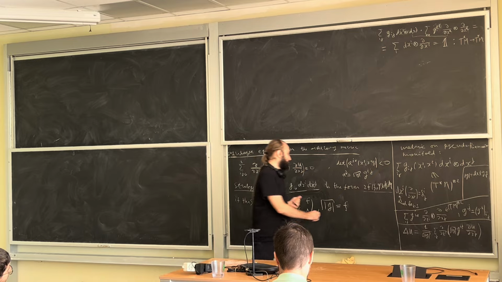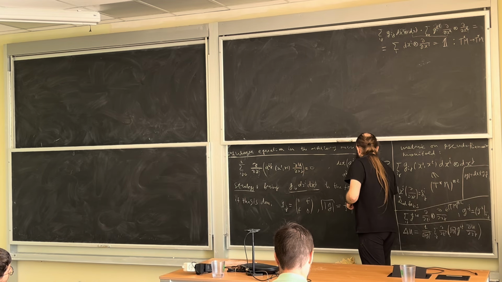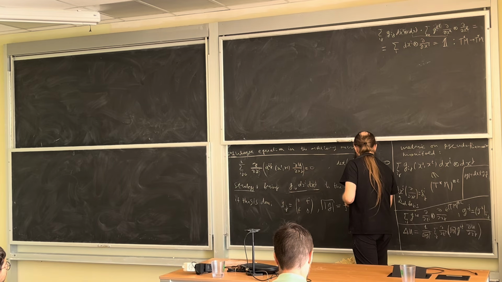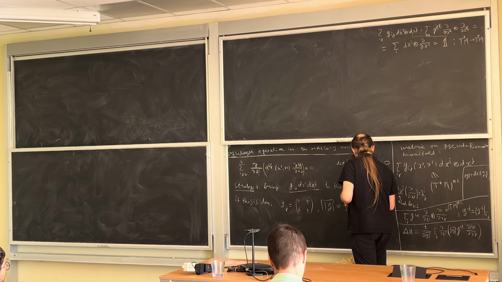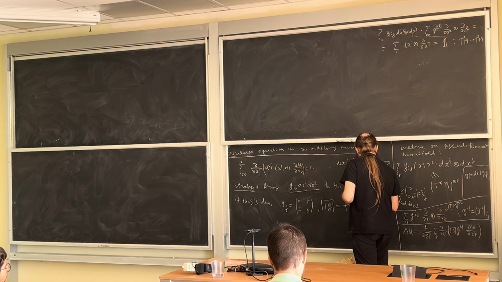So an a that equals to square root times Gij.